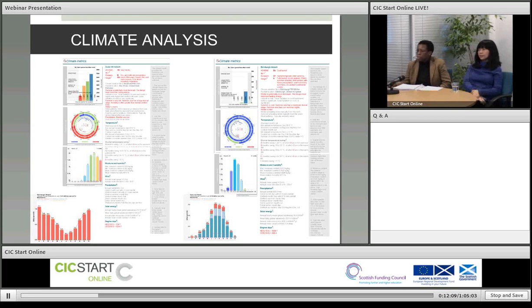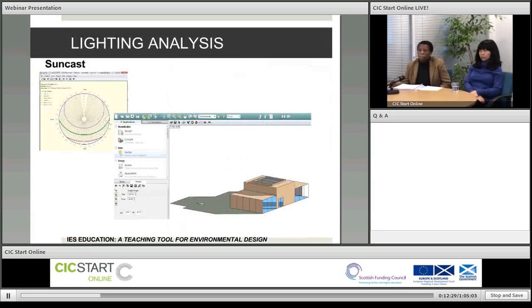So you can see that the images to the left are in a much warmer climate than the images to the right. So by choosing different locations, students can immediately get a visual feel for what the climate characteristics are, and indeed what the energy performance issues might be in both of these different climates.